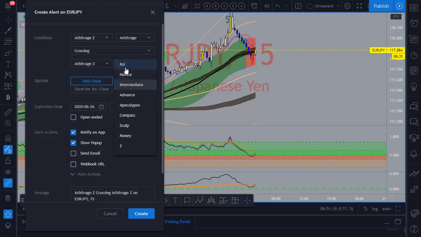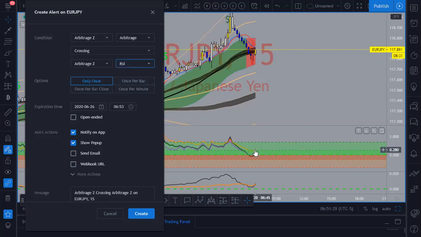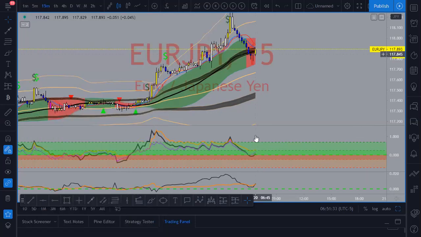Yeah, I'll put it crossing the RSI line so that if the arbitrage Z crosses the RSI line, which if this does go down and it comes back up, it'll probably do that. So that's the alerts I'm going to set for Euro JPY.